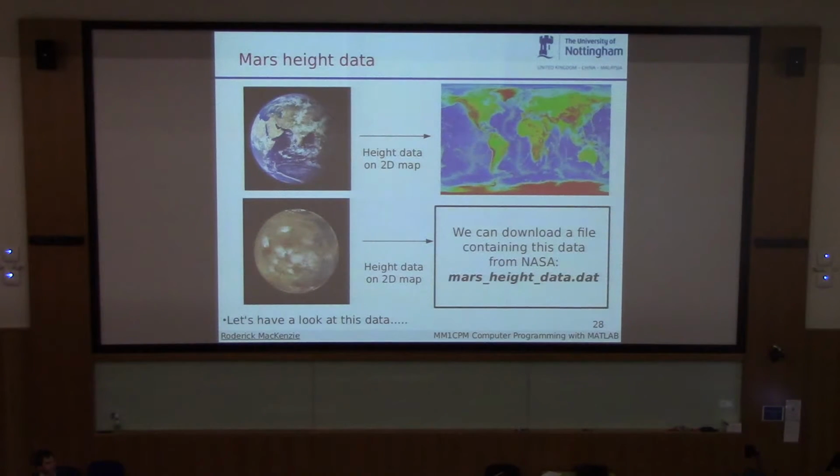So you're used to looking at 2D maps of the Earth's surface like this. Here's Earth as a ball, but it's been projected onto a 2D surface. And if you go to the NASA website, you can download, I've simplified it here, their data set's huge, it's gigabytes, so I've simplified it. In principle, you can download a file called marsheightdata.dat, which is a 2D data set containing basically all the height profile data of Mars.